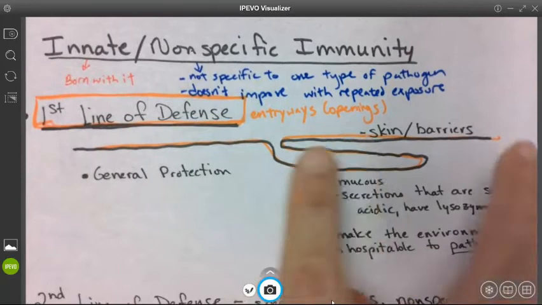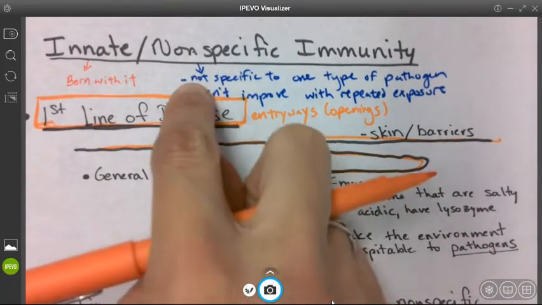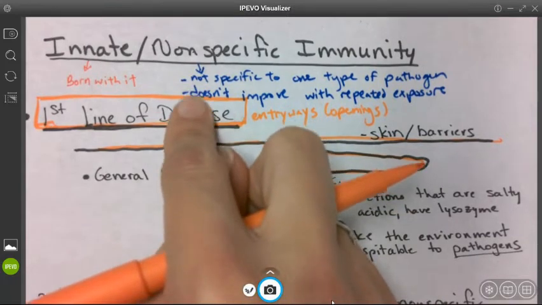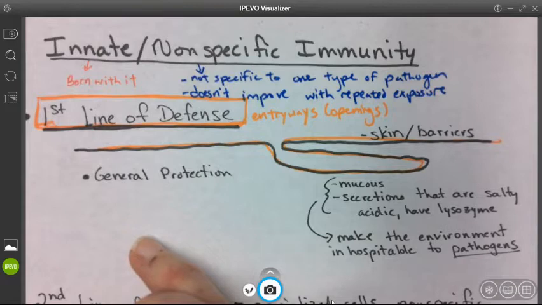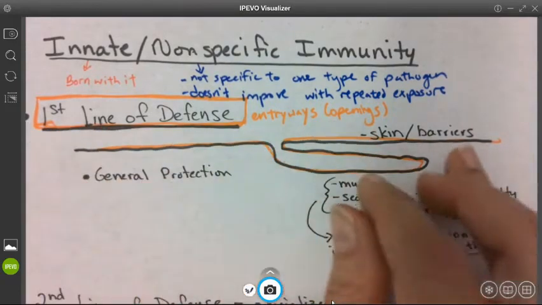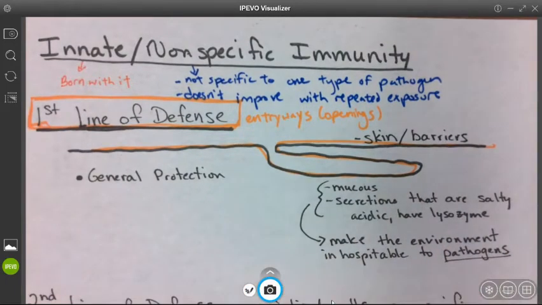So the first line of defense, if we're thinking about your skin or barriers, is not specific because your skin, if it's unbroken and doesn't have an opening, is just going to prevent bacteria, fungi, protists, viruses from entering your body at all. So it's not specific to the type of pathogen, and your skin's ability to defend against different pathogens doesn't necessarily improve upon repeated exposure. You also have entryways in your body.